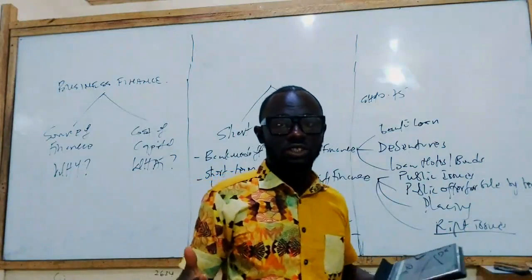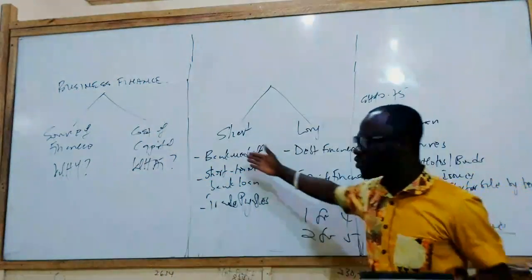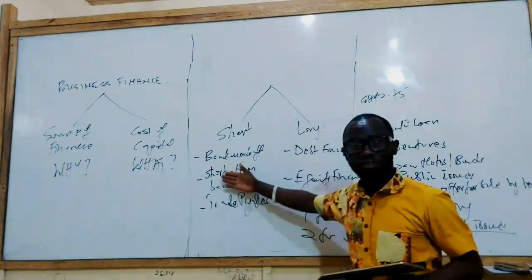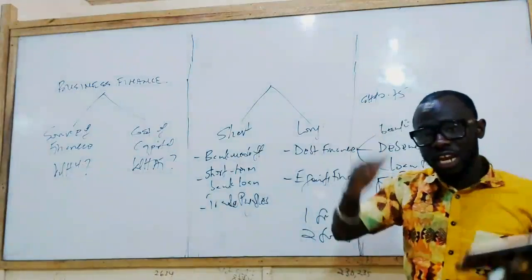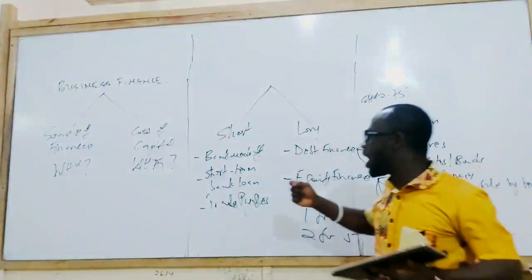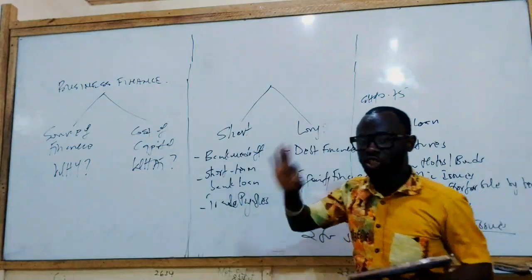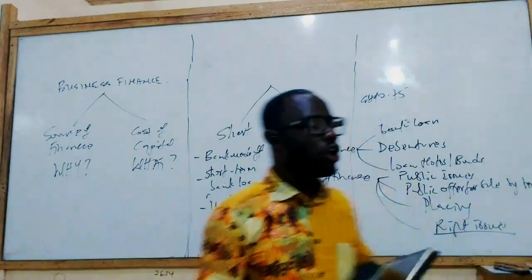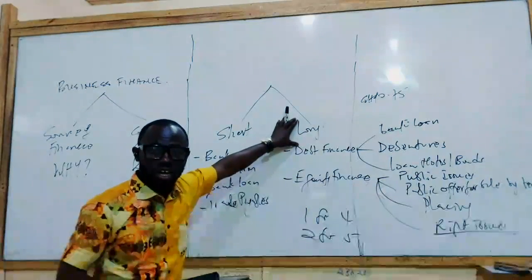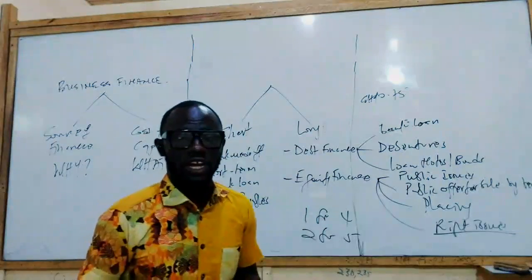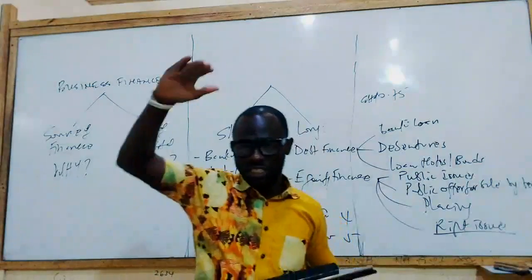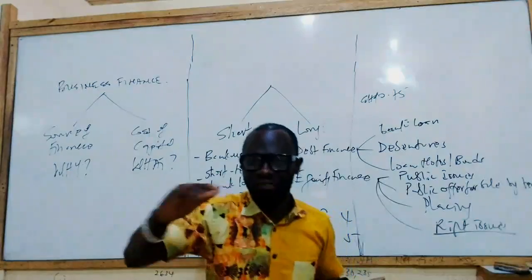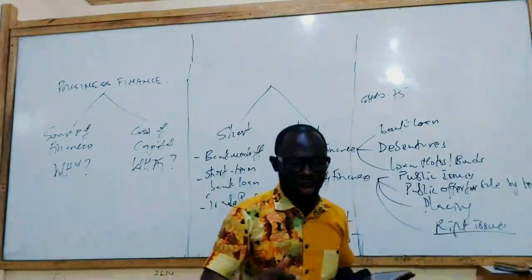In the short term, an entity can raise finance from bank overdrafts, short-term bank loans, and trade payables. And we've given the reasons why an entity may opt for a short-term bank loan instead of a bank overdraft. Then there are the long-term sources of finance. Here an entity may follow the pecking order theory, where we look at retained earnings, then debt finance, then equity finance.